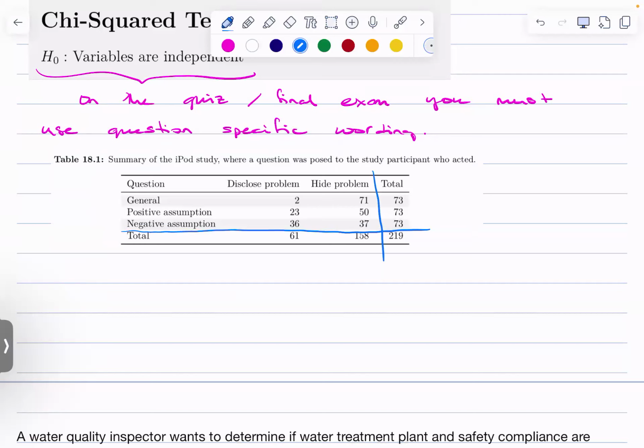But if we generically call this variable 1 and this variable 2, variable 1 has how many levels? It has 3 levels. And variable 2, they either disclose the problem or they didn't. So we only have 2 levels.